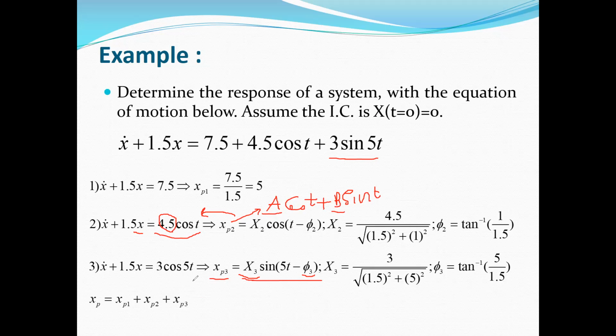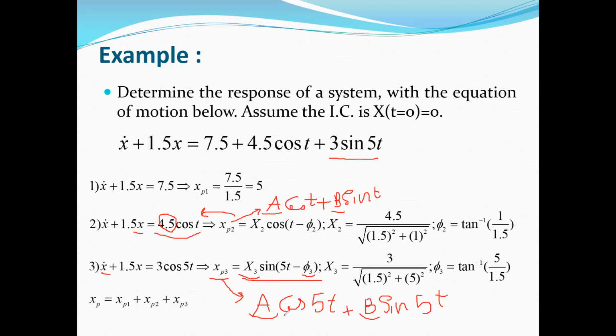And also for xp3, again you can consider that the particular response is equal to a times cosine, this time the frequency is 5, so it will be cosine 5t plus b times sine 5t. So you can see, again, a and b can be obtained by substituting into the main equation.